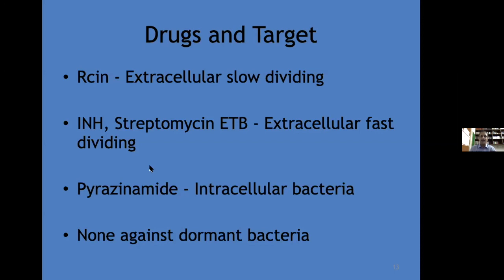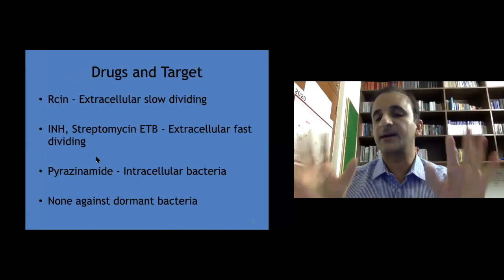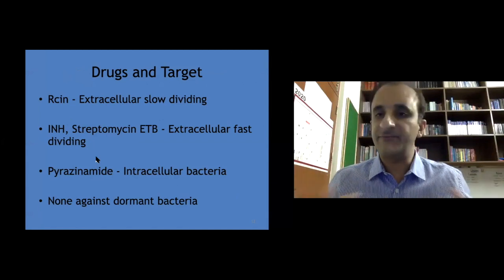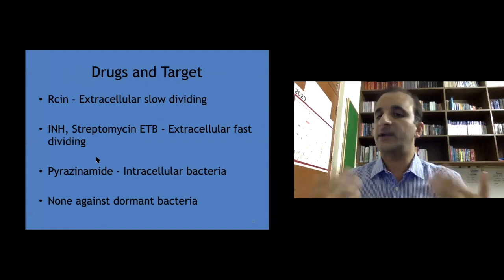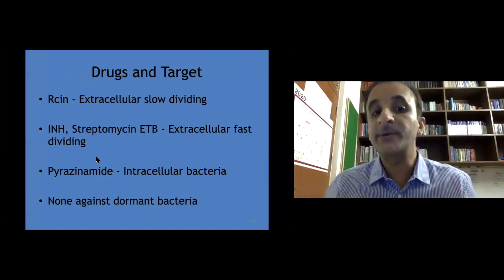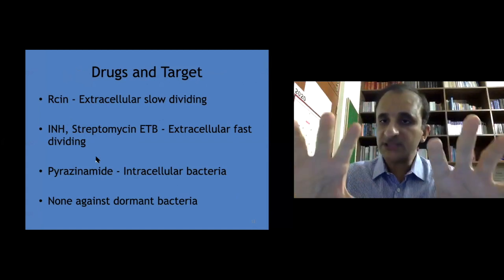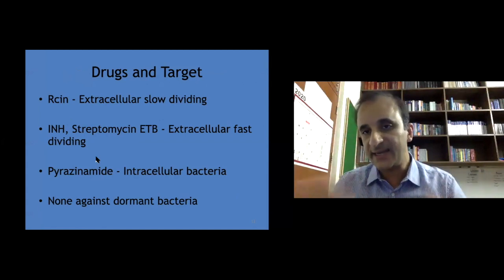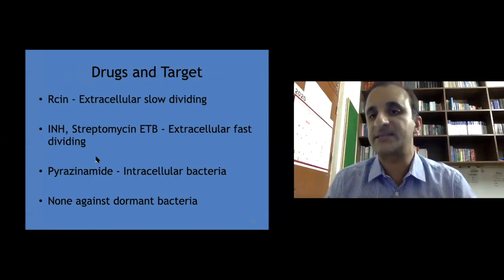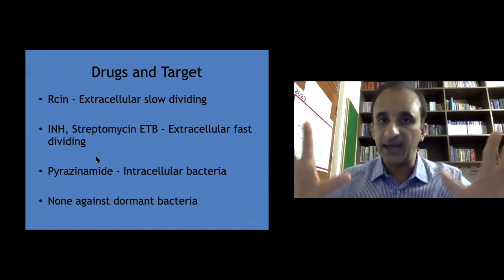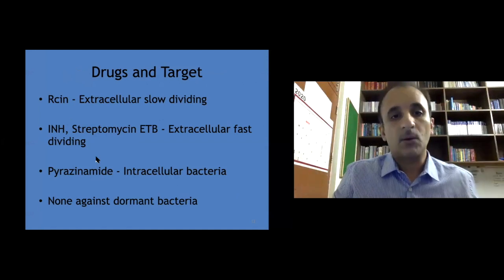Fine? And you have no antibiotic or drug against dormant bacilli. It is lying, and we all have that, and whatever drugs we may take, you will continue to have dormant bacteria. So because the action of these drugs is at different areas and on different types of bacteria, we need to have a combination of therapy. I hope I have made this quite clear.